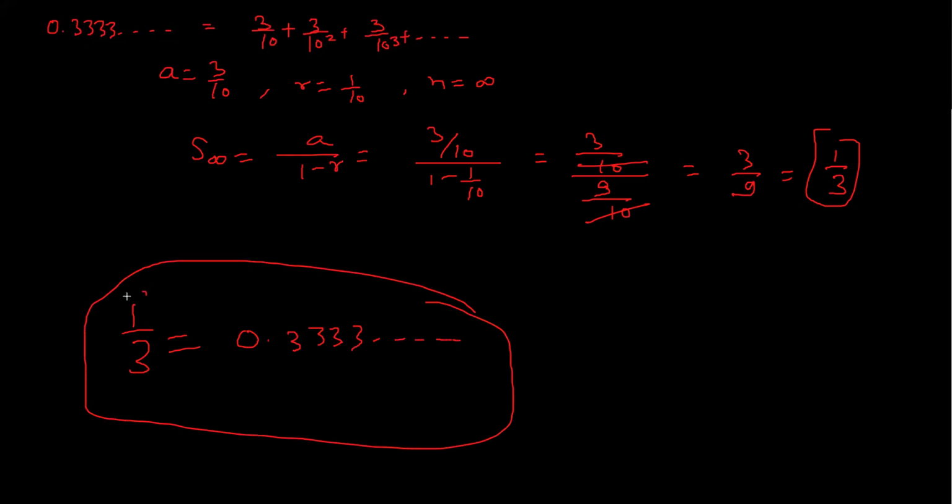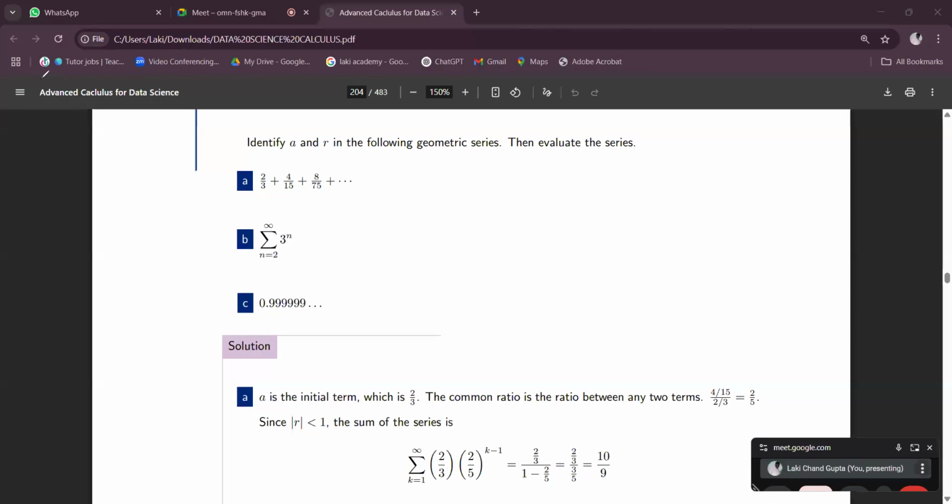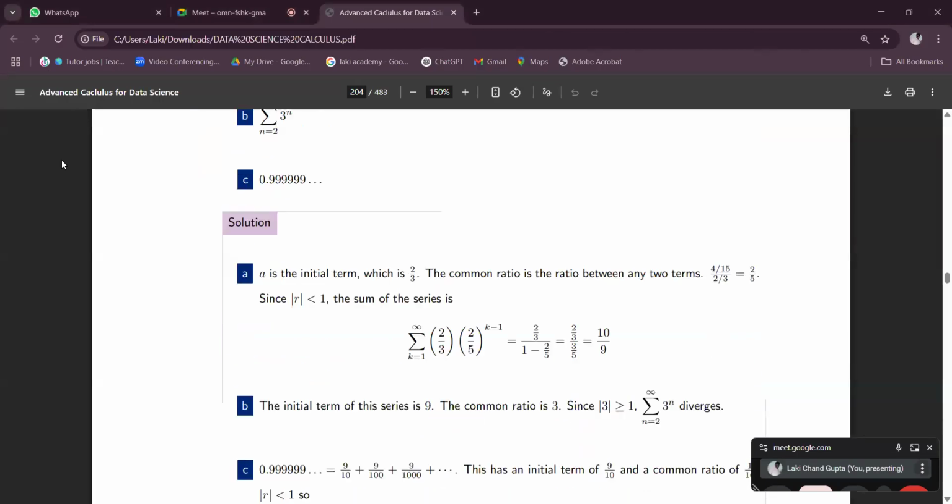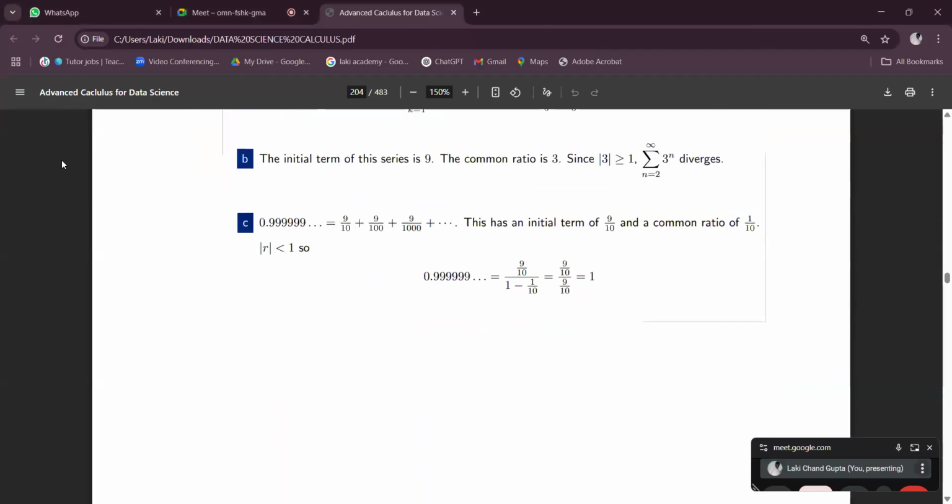And when you calculate from a calculator, you will get the same thing. Understood? So here you are getting 1. Okay.